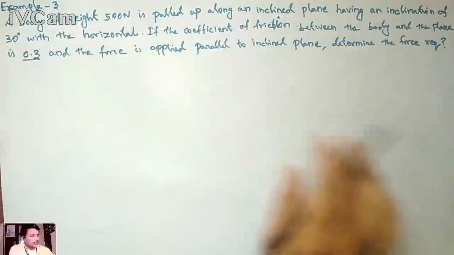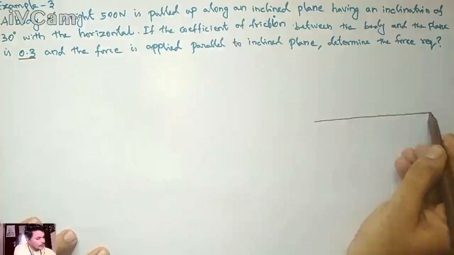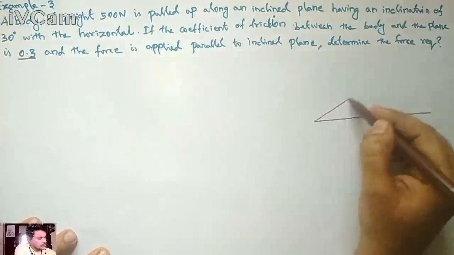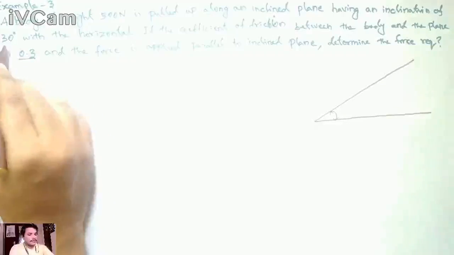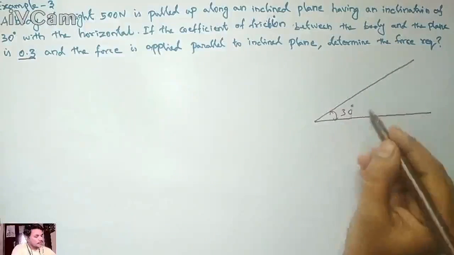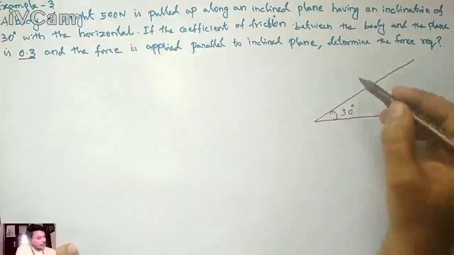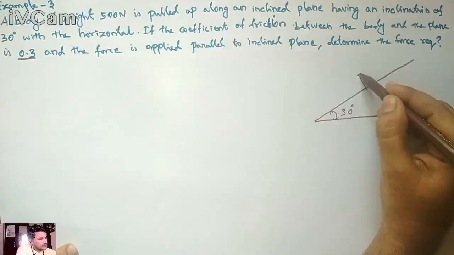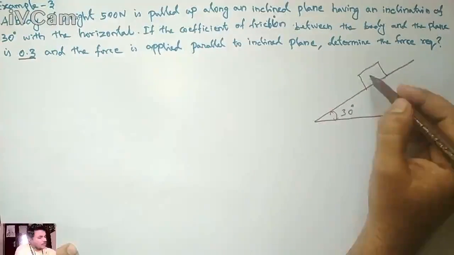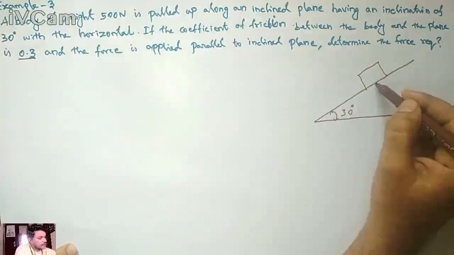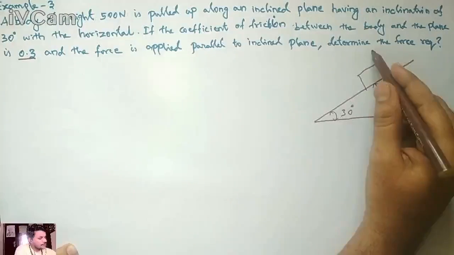So let me draw the diagram for this problem. It is an inclined surface. It makes an angle of 30 degrees, and there is an object over the inclined surface. Here, the normal force is acting in the upward direction, that is, the normal force, and the weight of the object.